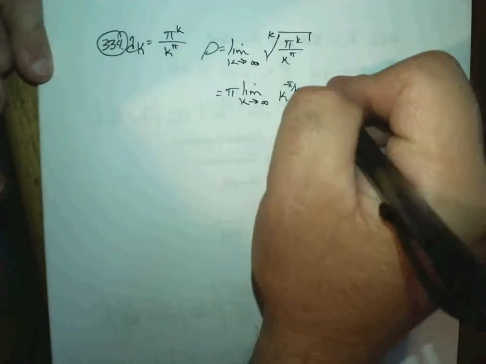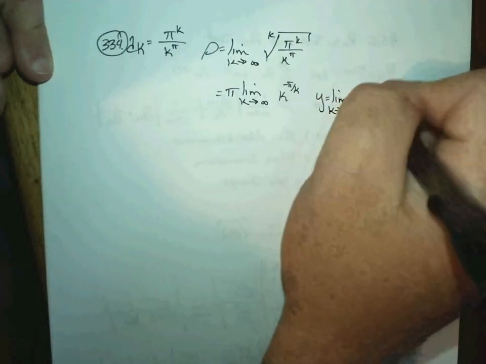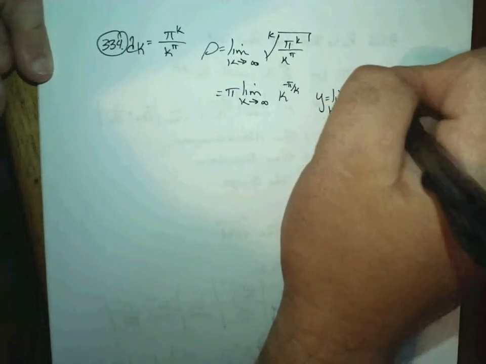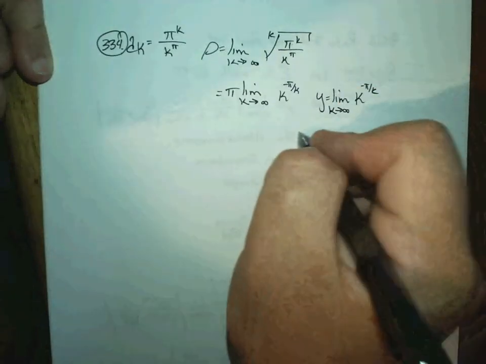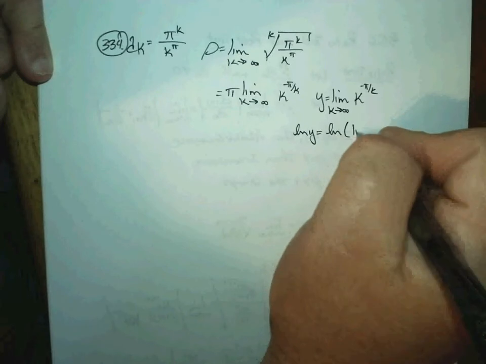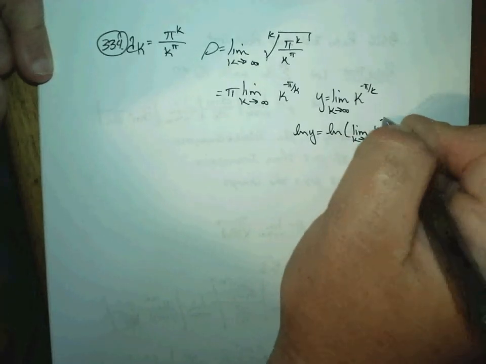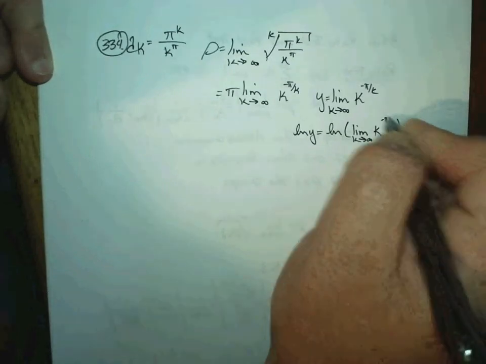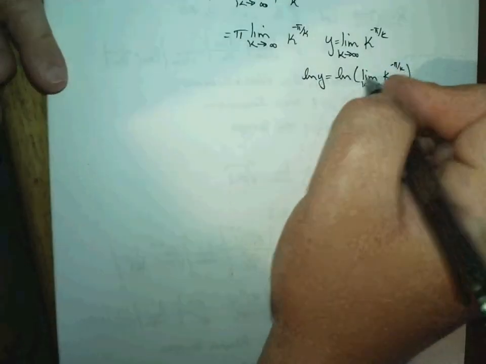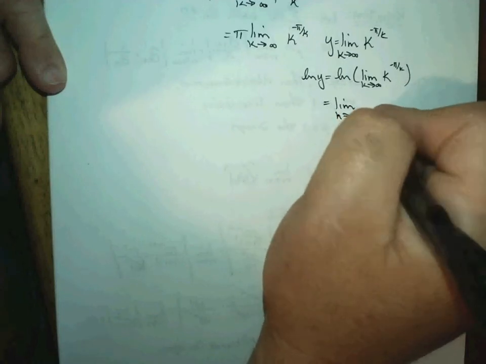All right, so that's what we want to now figure out the limit of. Well, let's take this just like we did the other one and bust it off and say y is the limit as k goes to infinity of k to the negative pi over k, and then apply a natural log again. So we can use that property of the natural logs that the power can come down.